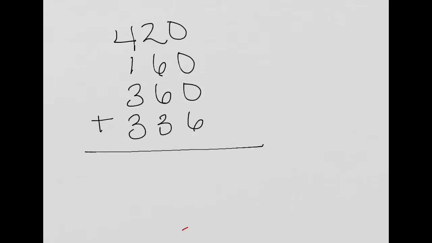Add all those up, and if you add it up correctly, you should have gotten 1,276 feet squared as the area of that composite figure.